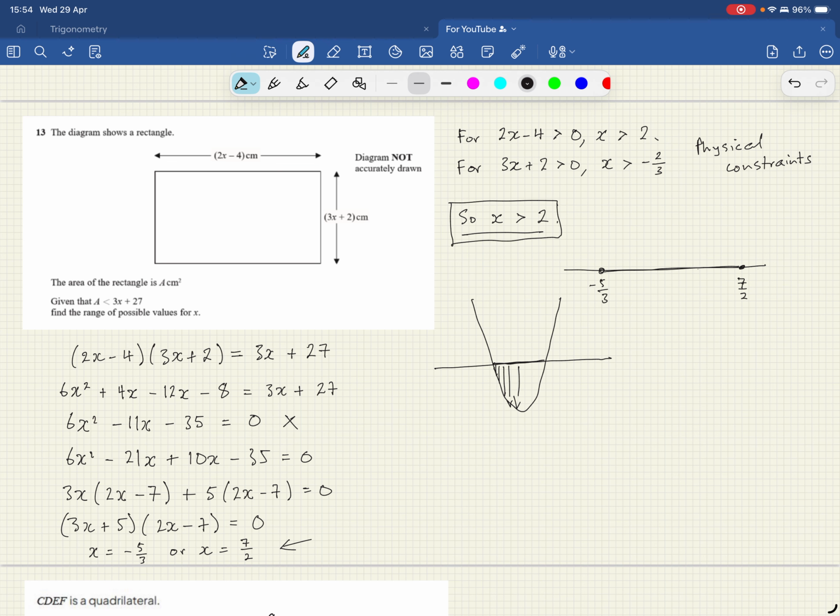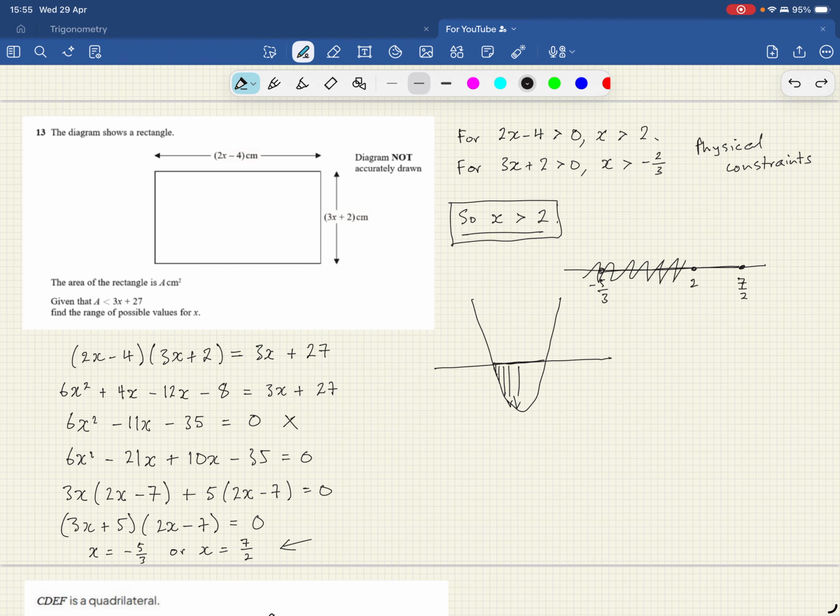This value here of 2 is in fact the minimum that x can be, because the length of a rectangle can't be negative. So in fact all of this stuff isn't relevant, and I don't want that. So that tells me that x has to be greater than 2 and less than 7 over 2. Is it less than or equal to? No, it isn't, because it said less than at this point.